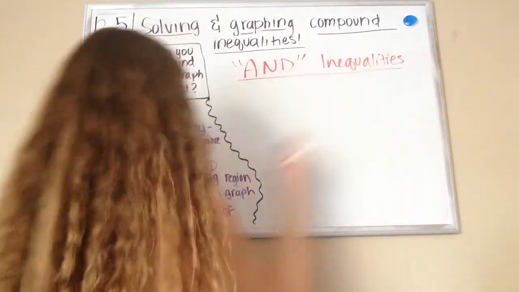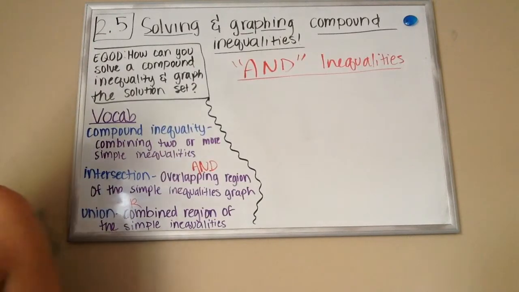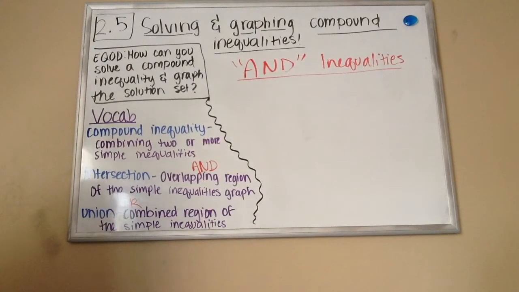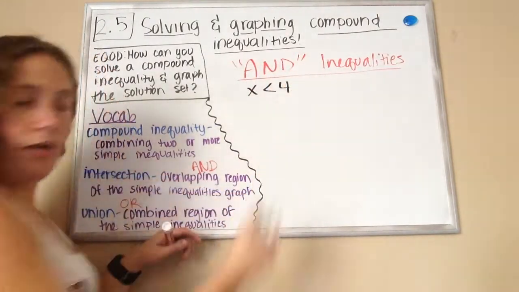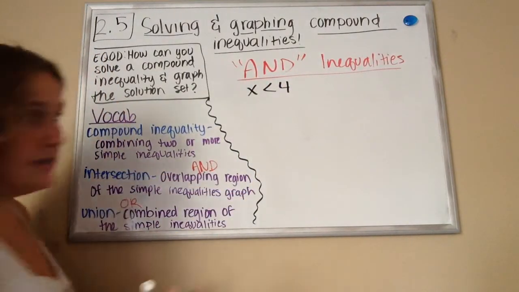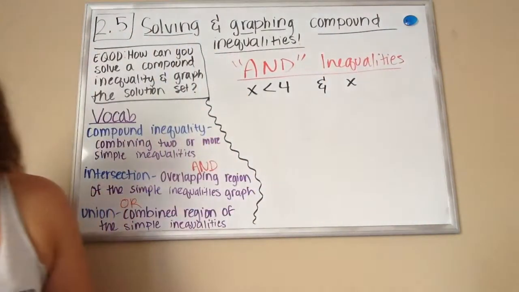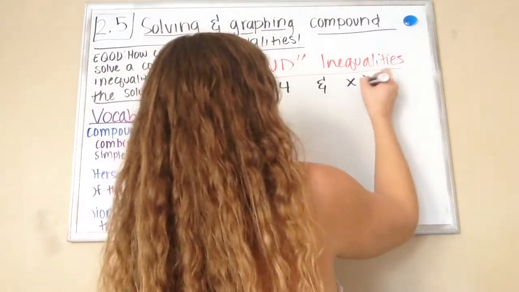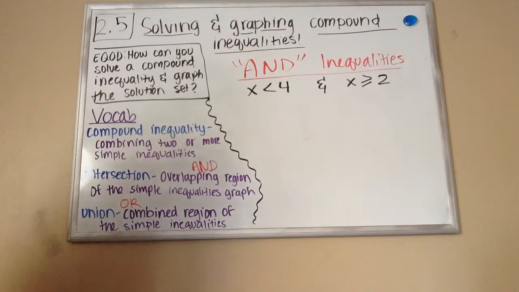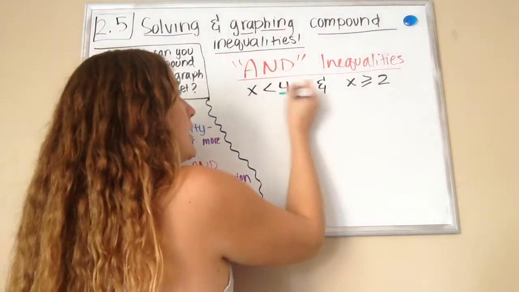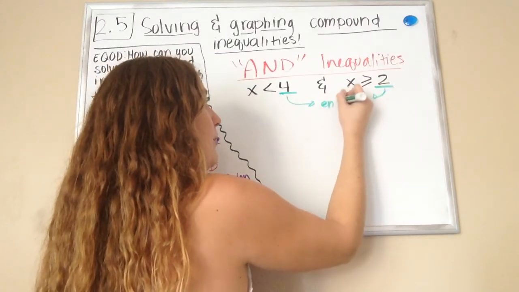So if we think about our AND inequalities, those are the ones where we're seeing an intersection, an overlapping region. So the first one we're going to look at is x is less than 4 and x is greater than or equal to 2. So now that we're looking at complex things, we have 2 endpoints.